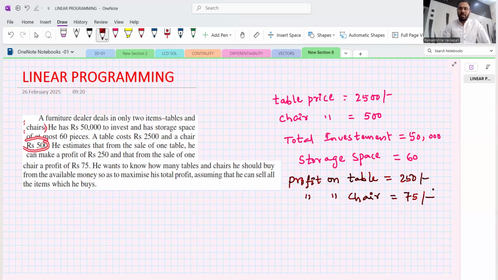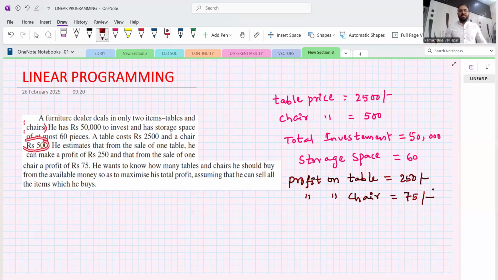These all matter a lot. So what will happen if we buy all tables? How much profit will you get? If we buy all chairs, how much profit? Or if you buy some tables and some chairs, what will be our maximum profit?